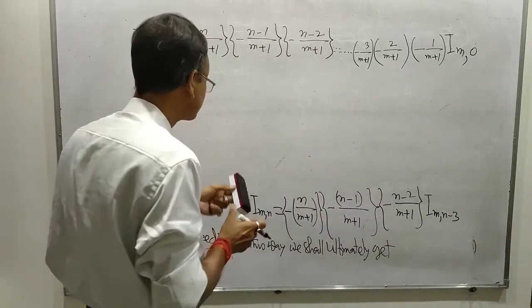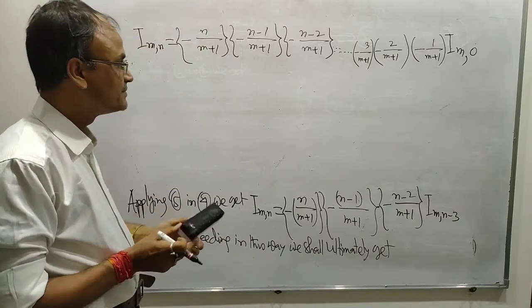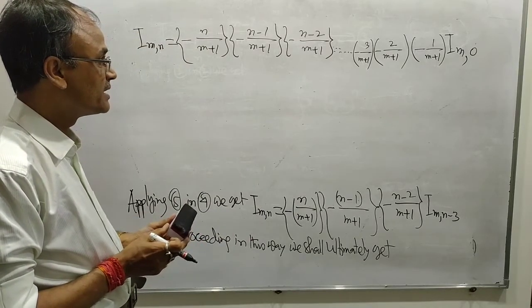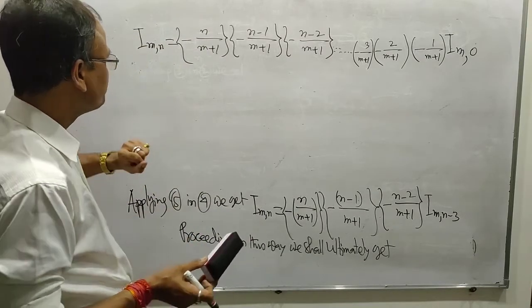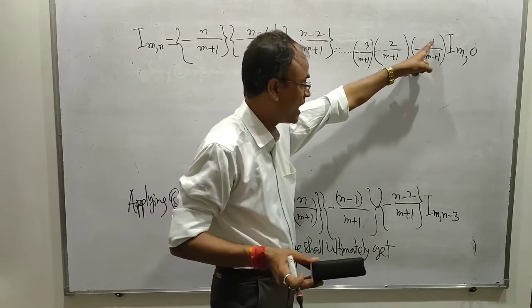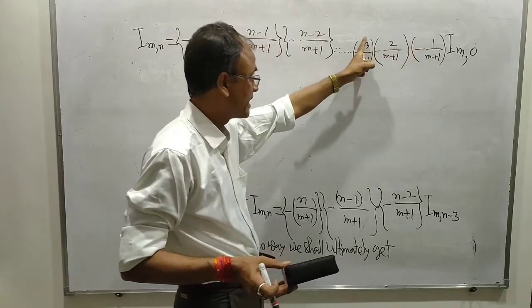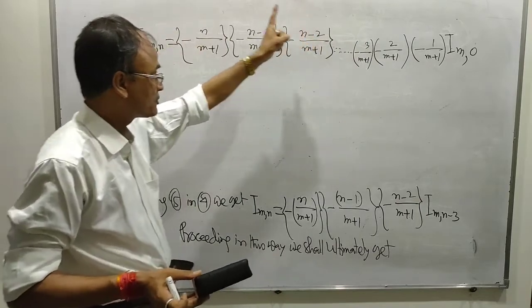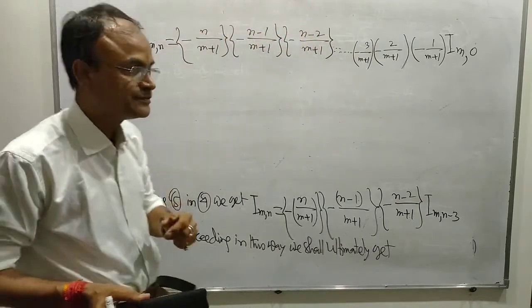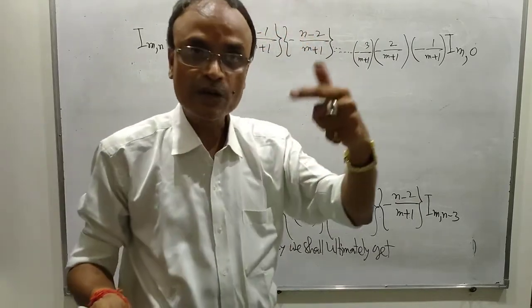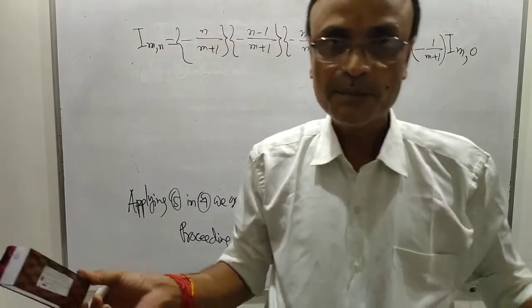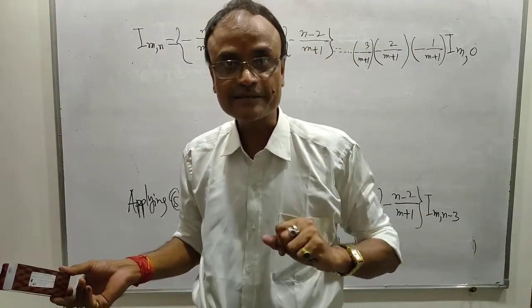Now you see, from 1, 2, 3, 4, n minus 2, n minus 1, n: 1, 2, 3, 4 up to n. If you multiply this, you will get factorial n.